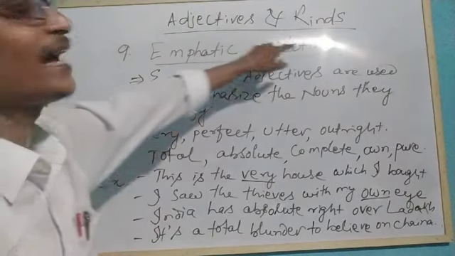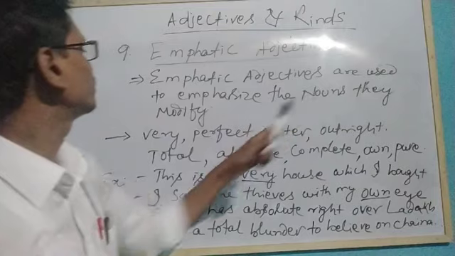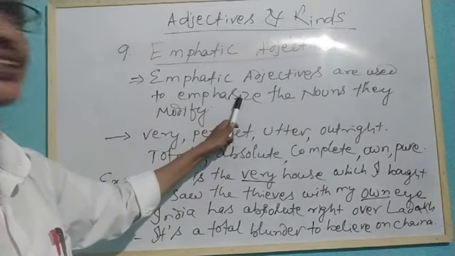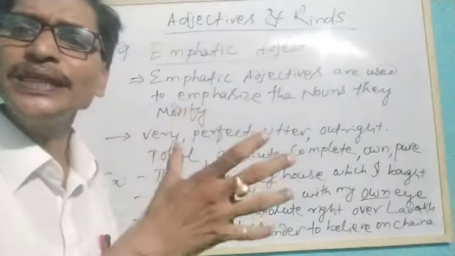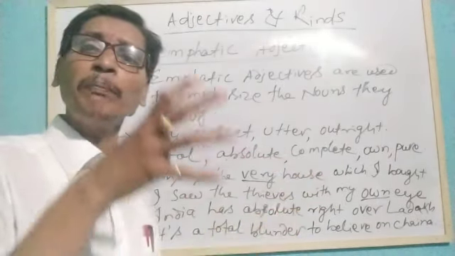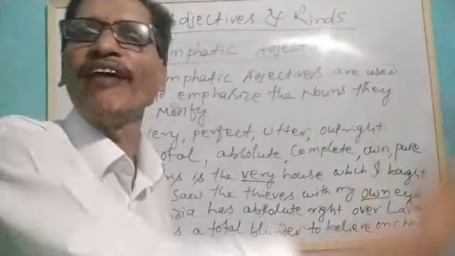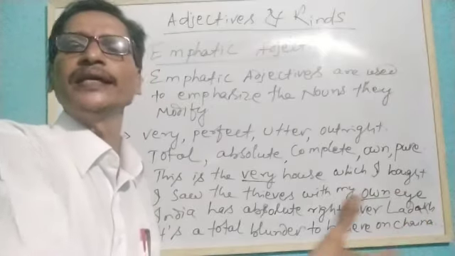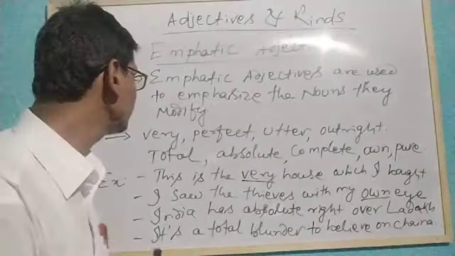Emphatic adjectives are used to emphasize the nouns they modify. Those adjectives we use as emphatic adjectives emphasize a noun which they modify in our speech and in our statement. Let's see what words we use.